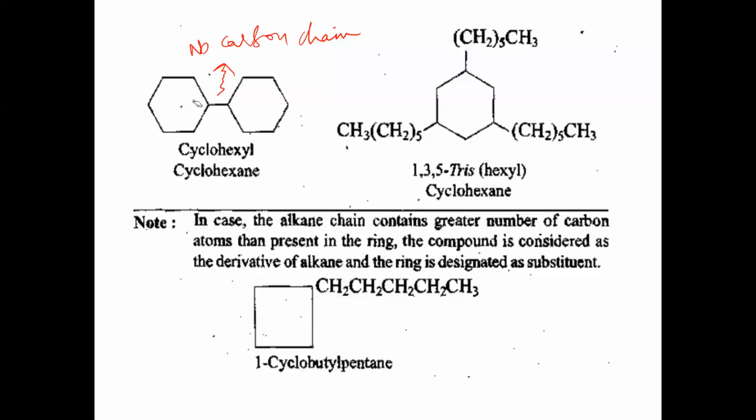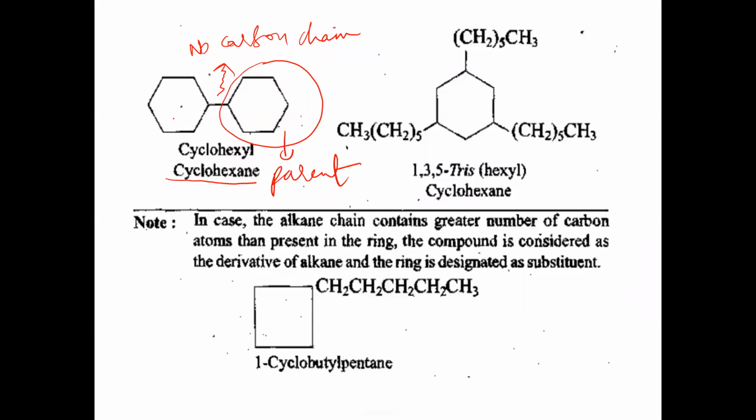That's why out of 2 cyclohexyl rings, one ring should be taken as parent, the other ring should be taken as substituent. Suppose I'm taking this one as parent. So this parent compound has how many carbon atoms in the ring? 6. So cyclohexane is parent.